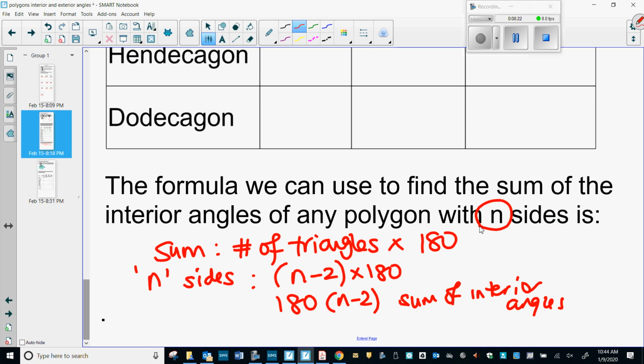So there's 2 methods to find the sum of the interior angles: the number of triangles times 180, and the n sides method. But if you've got a 34-sided shape, you don't want to have to try and draw all of the triangles. That's going to be a tad tedious. So you know that there's always going to be 2 less triangles, so it's going to be 32 multiplied by 180. Yeah? That makes sense?